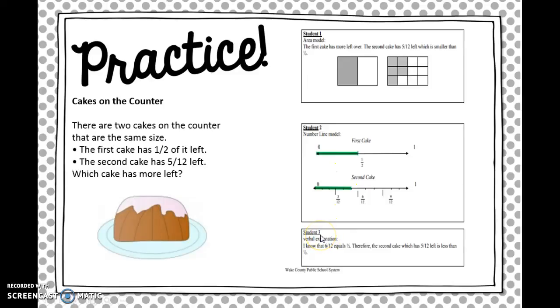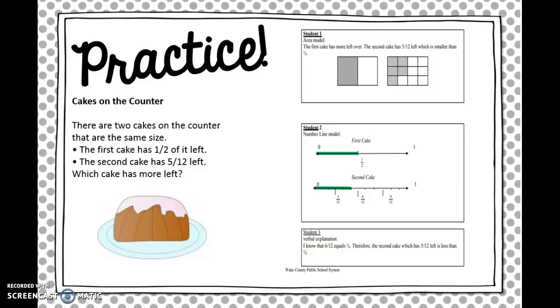In the last model, Student 3 used a verbal explanation that states, I know that 6/12 equals 1/2. Therefore, the second cake, which has 5/12 left, is less than 1/2. So, again, our first cake has more cake left over.